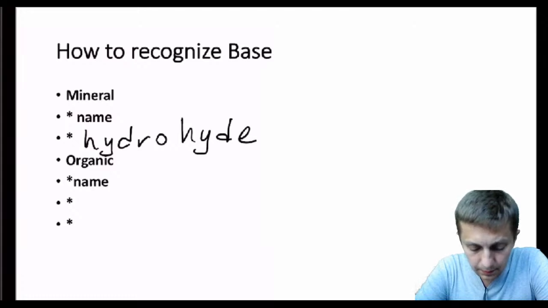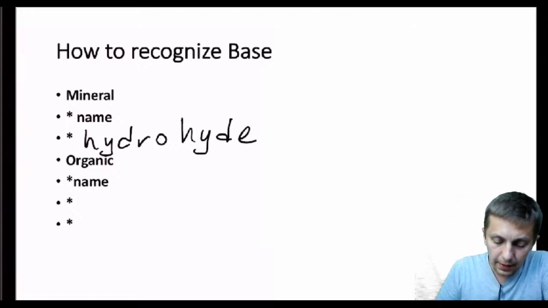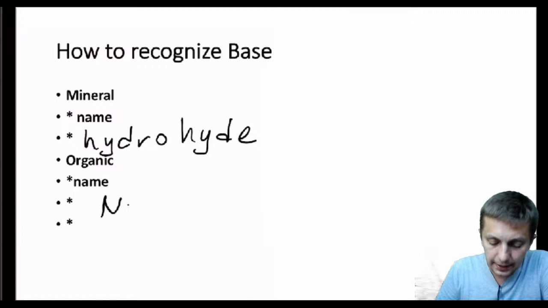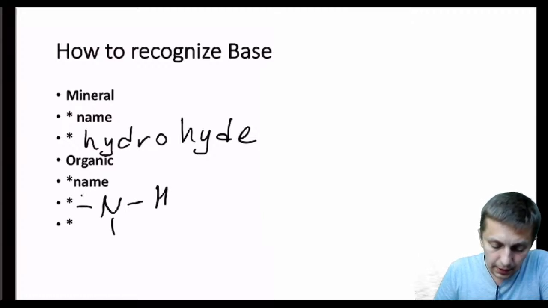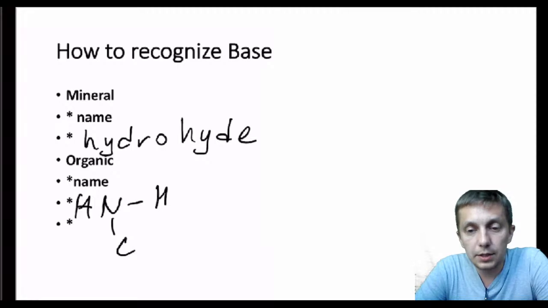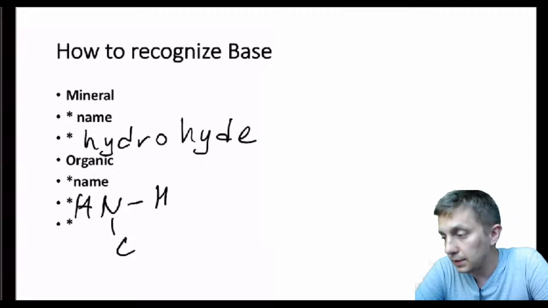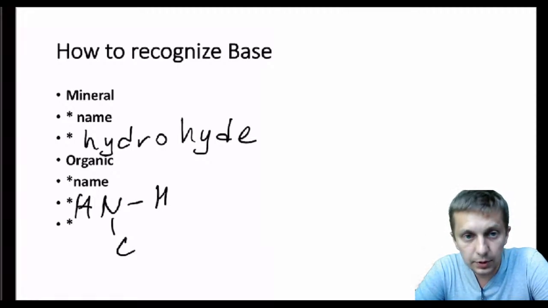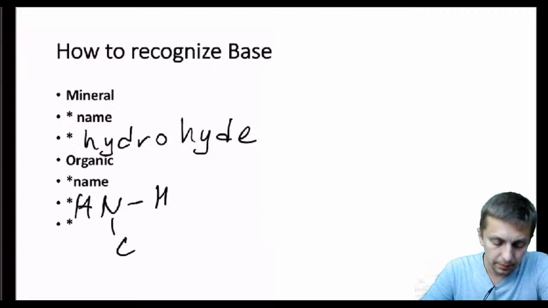And if you're dealing with organic, there are fragments where nitrogen is present, bonded with hydrogen or carbon. Most compounds with nitrogen are bases, but it's very hard to determine by empirical formula, but if nitrogen is present, it's very probable you're dealing with bases.